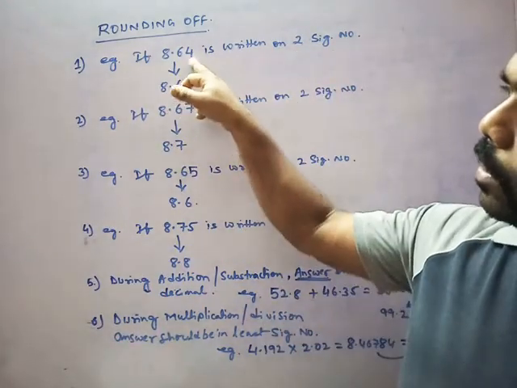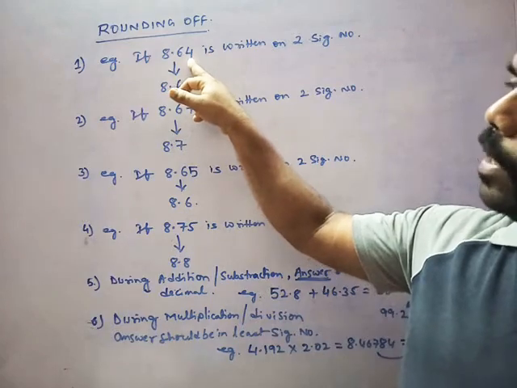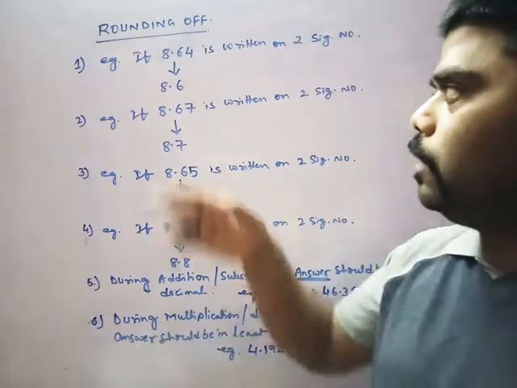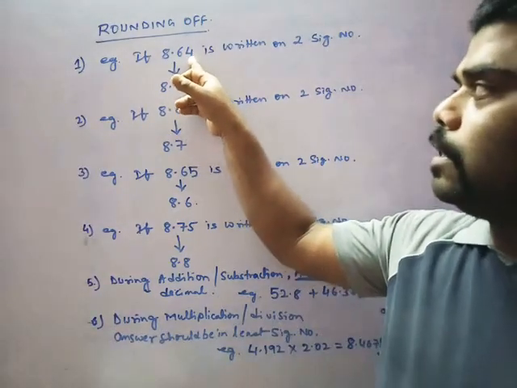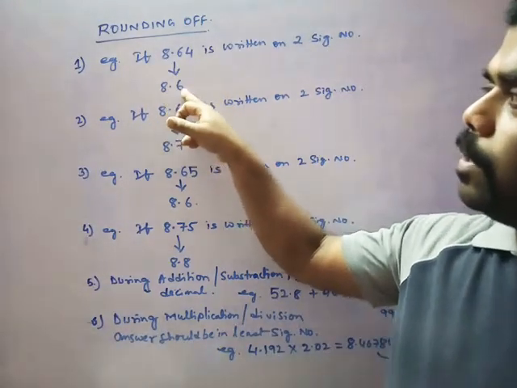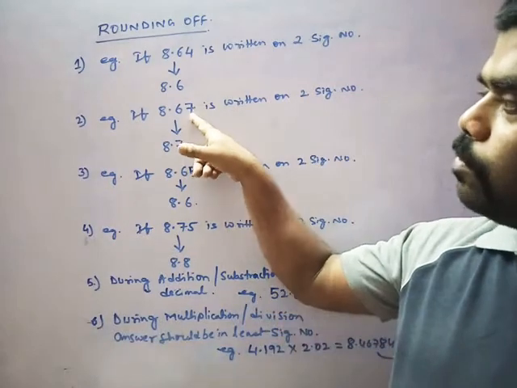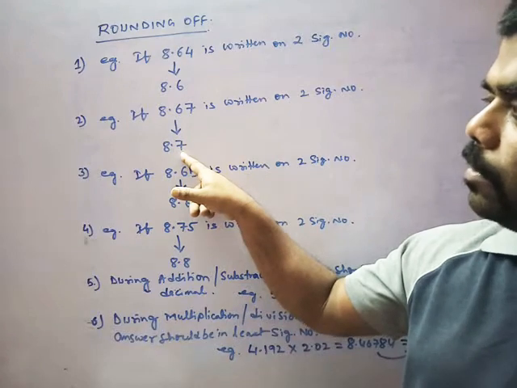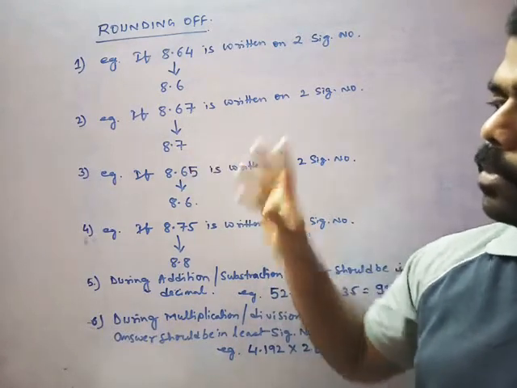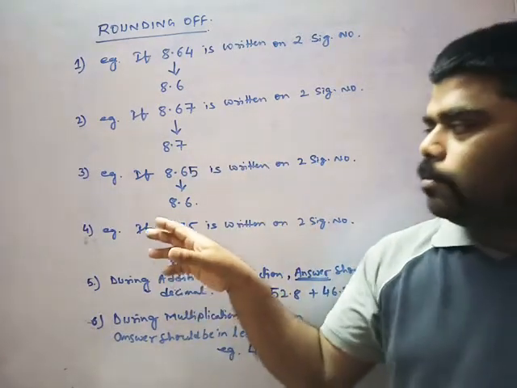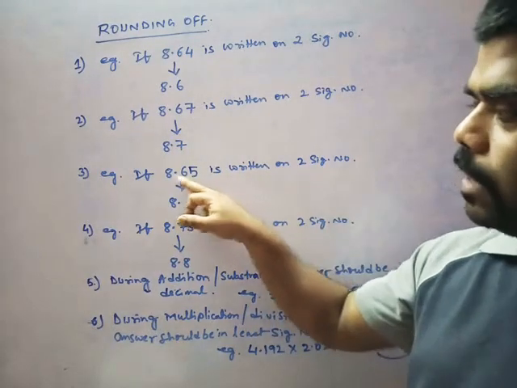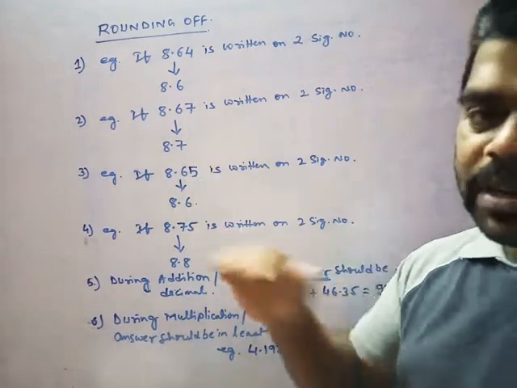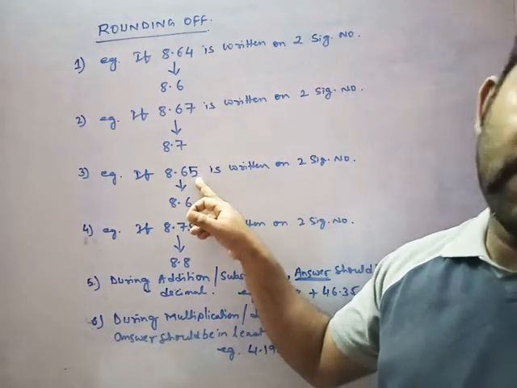For that, you have to see the third digit. If it is less than 5, as we all know from childhood, then this is written as 8.6. Clear? But if it is more than 5, as in example 2, then we have to increase by 1, so 6 becomes 7. Is it clear? But if it is neither less nor more, if it is exactly 5, then what do we have to do?